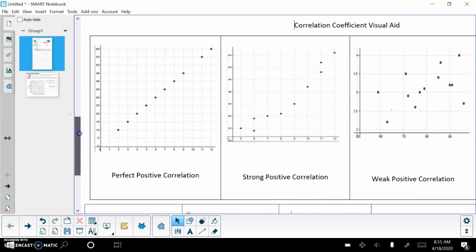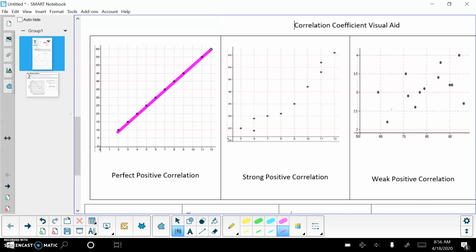The last little thing we're going to look at is what I call the correlation visual aid. We're going to talk about the strength and the direction of these different correlations. If we look at this first one, we say that this is a perfect positive correlation because literally all the dots are perfectly lined up in a straight line. This is also linear because they're all perfectly in a straight line.